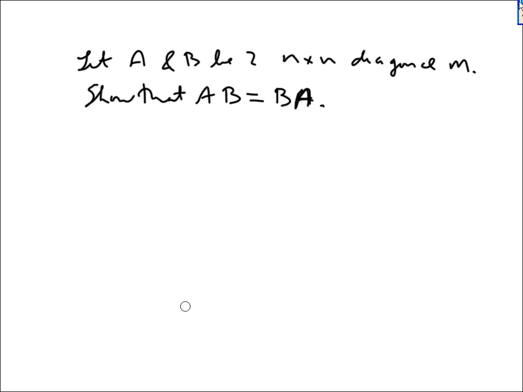That is, we need to prove this in general. Let A and B be any two general n by n diagonal matrices. You can't plug in numbers. The only time you can plug in numbers is to disprove this. Show or disprove that AB equals BA.